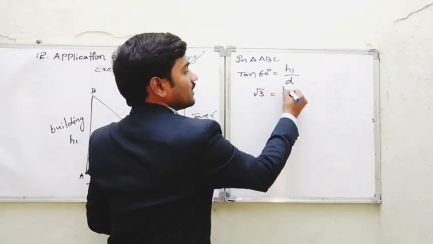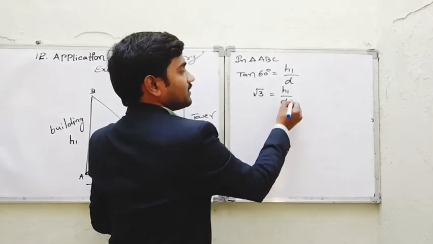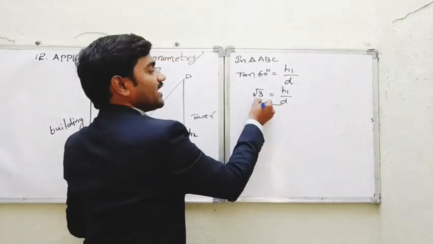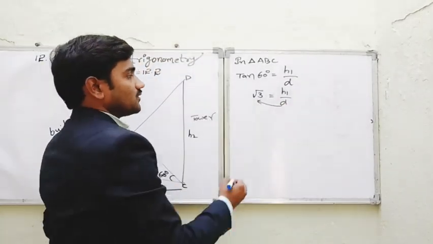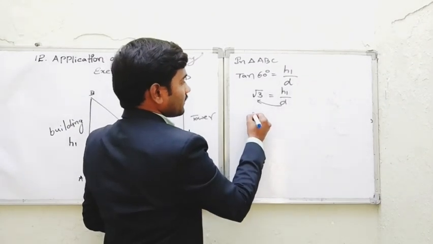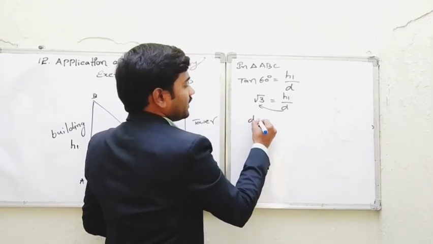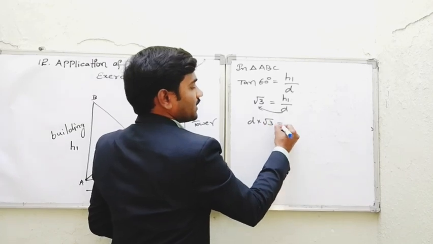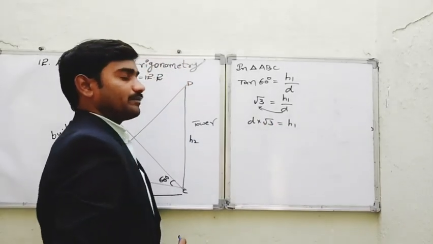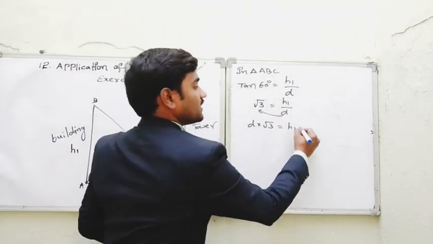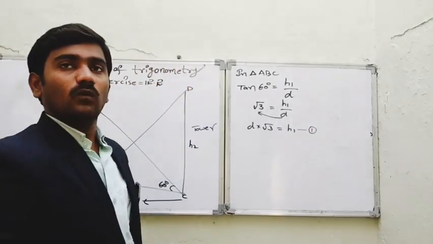That equals H1 by D. So this D we transfer to this side. So what we get here? D into root 3 equals H1. We keep this as equation number 1.